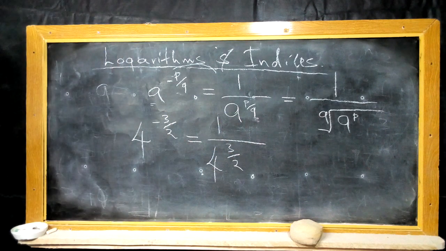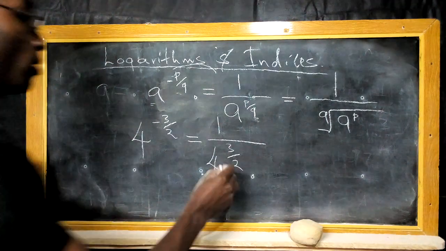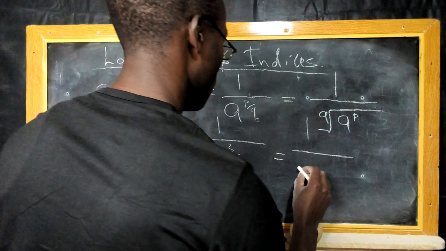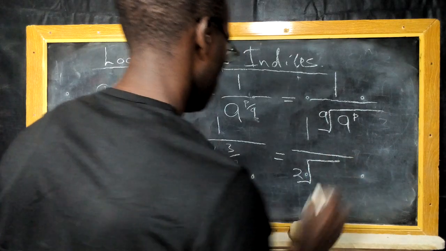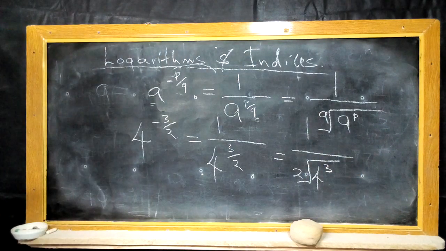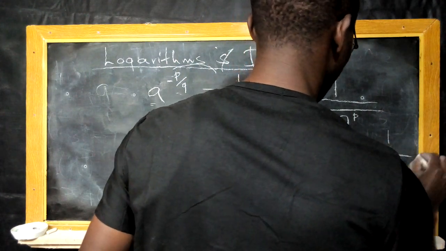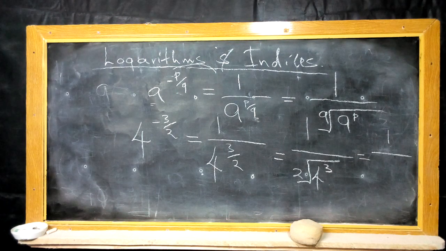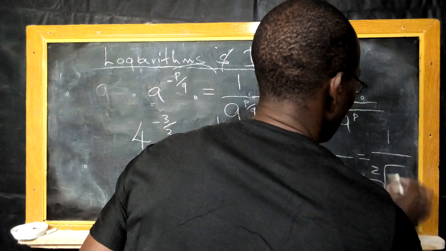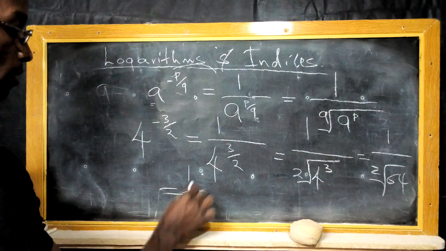Since the whole of this power is negative, it is written as 1 over the square root of 4 raised to power 3. Under the root sign, 4 to the power 3 is 64. So it is the root of 64, and the solution for that will give us 8.